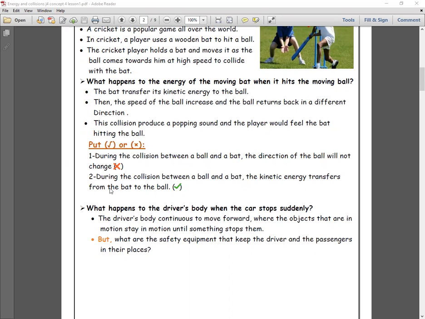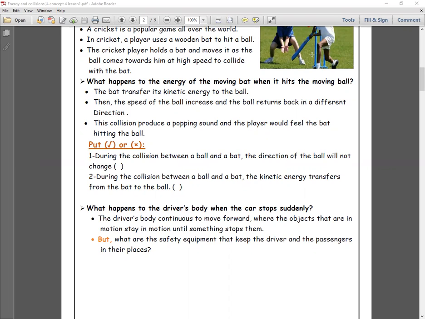Okay. Now, what happens to the driver's body when the car stops suddenly? We studied before in concept 3 a concept called speed. And we said that speed means the object is in motion. By the way, when we drive our cars or are inside transportation in general, we feel that our speed is zero.